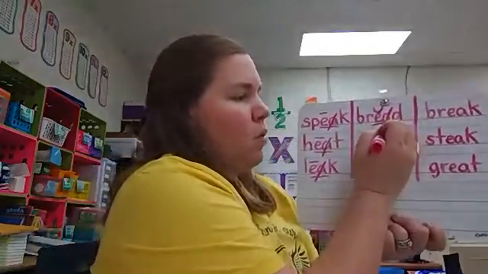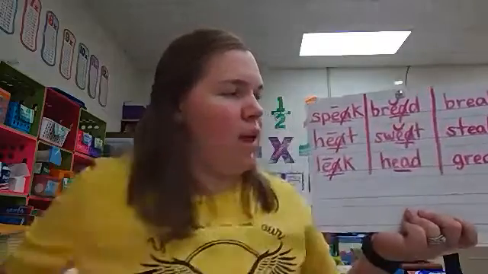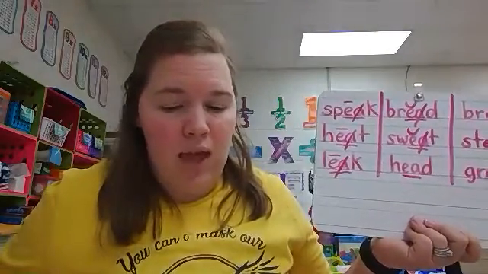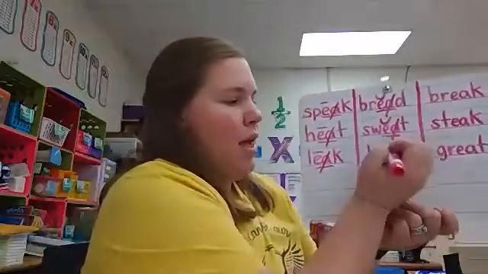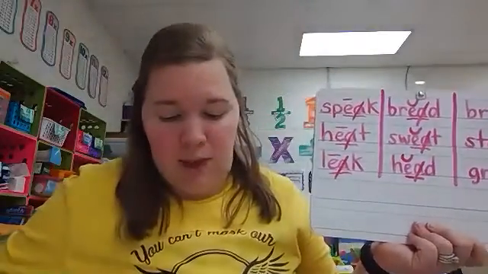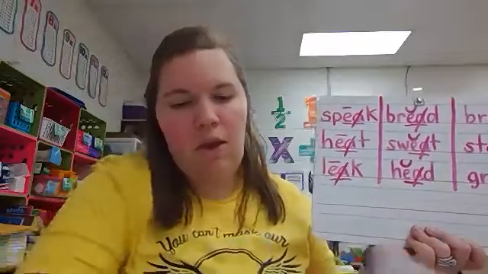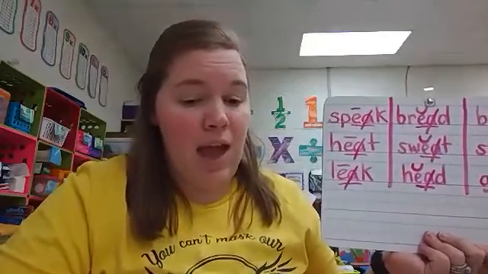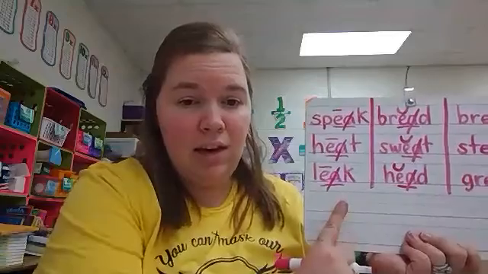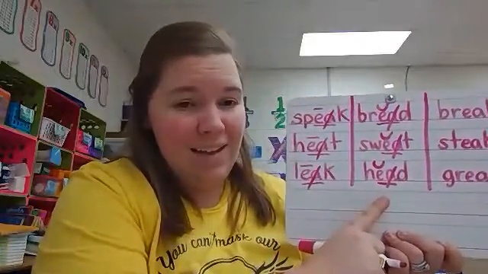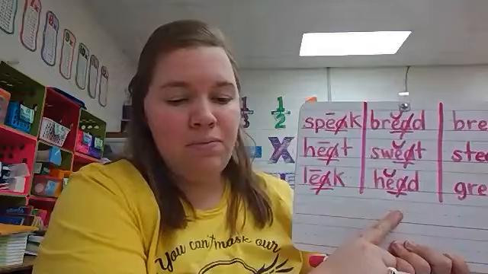So again, in this word, sweat, we hear eh, so breve above the E, cross out the A. And the same with head. We hear the eh sound. Okay. So we know that digraph EA can say E, like in this column, or it can say eh, like in this column.